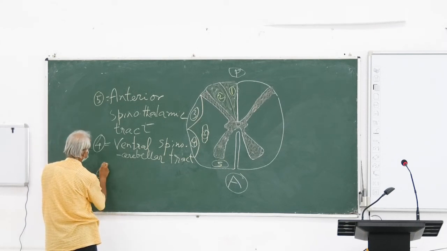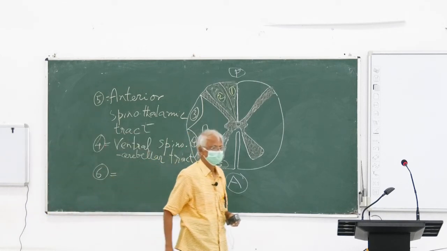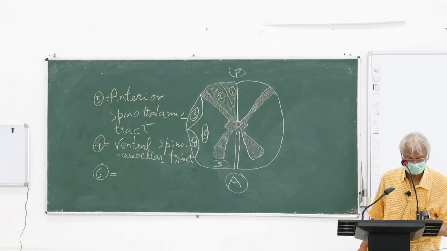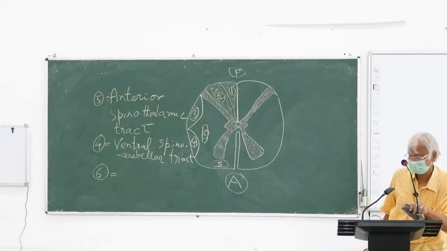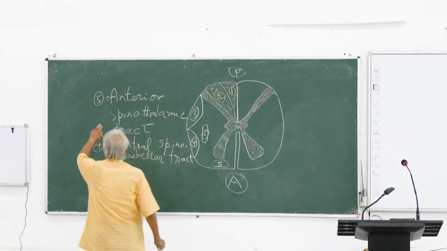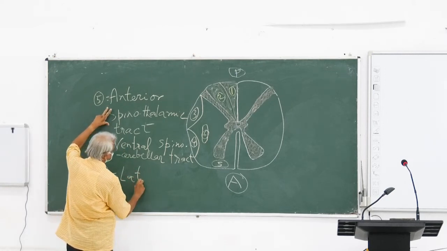Number 6 is this one, the lateral one. It is on the lateral side, so this is the lateral spinothalamic tract, and that is the anterior spinothalamic tract.